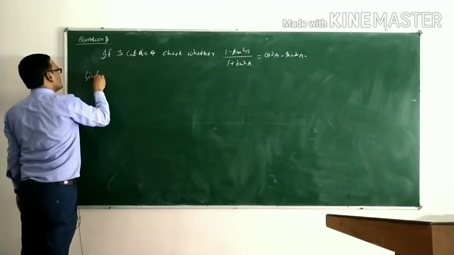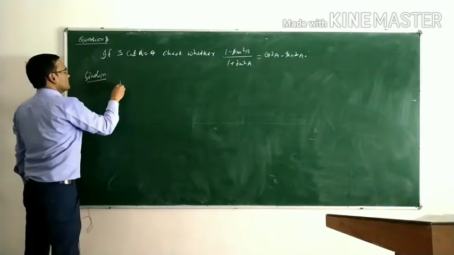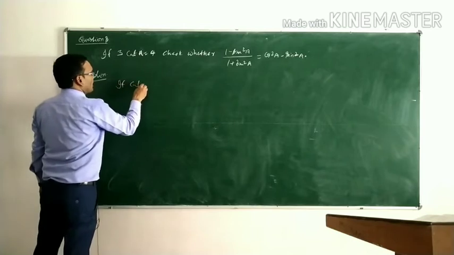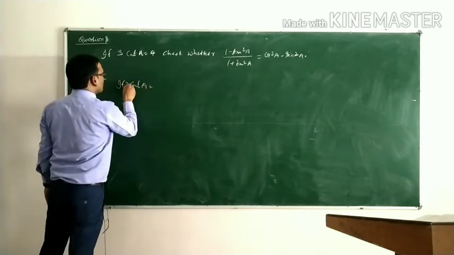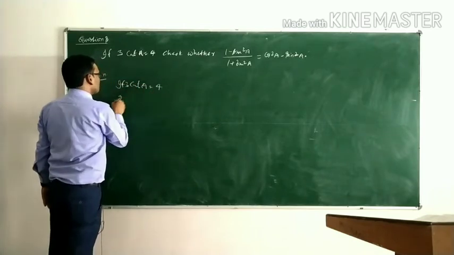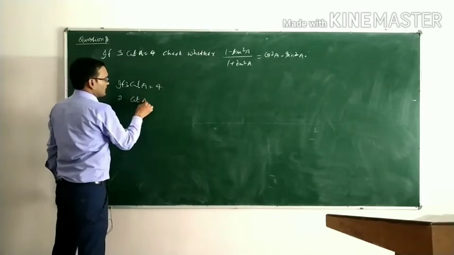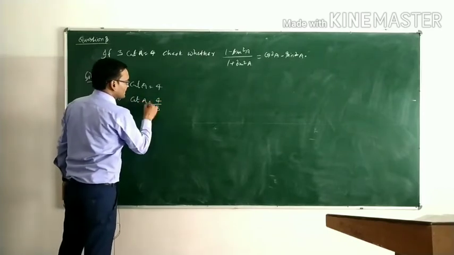Solution. If 3 cot A equals 4, this implies that cot A equals 4 by 3.